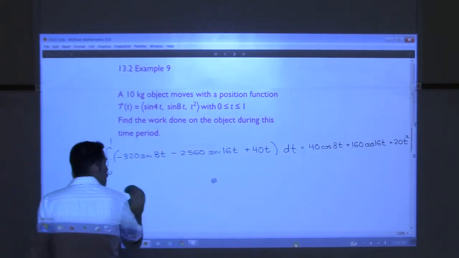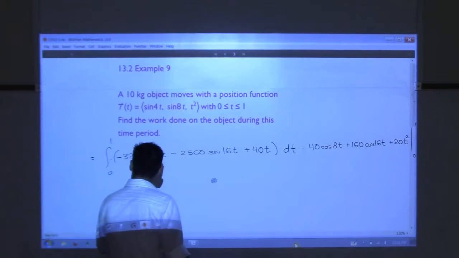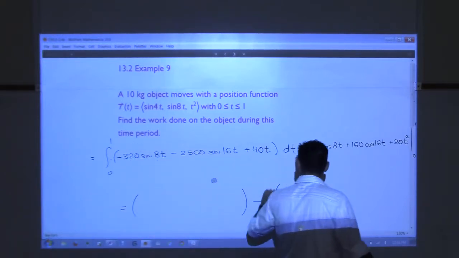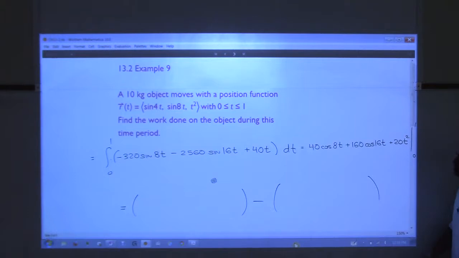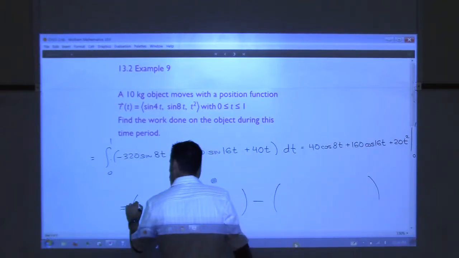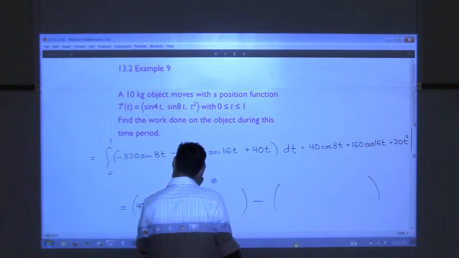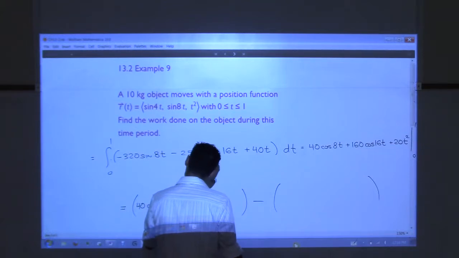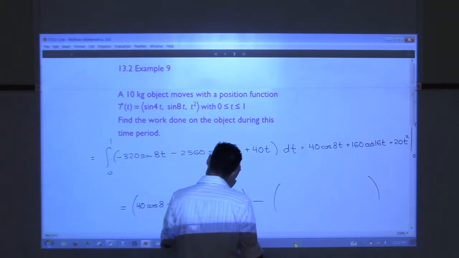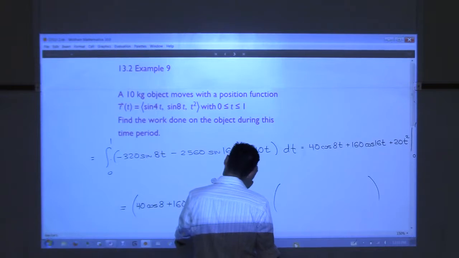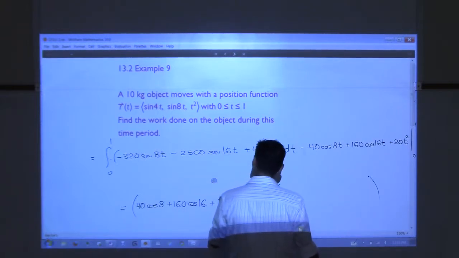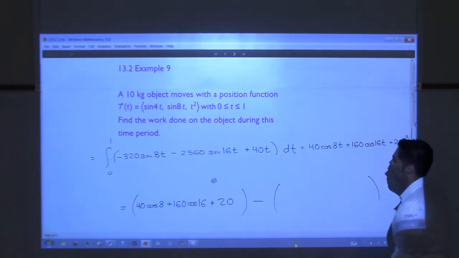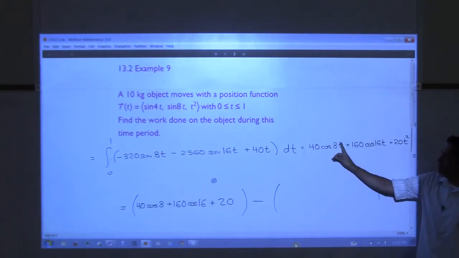Almost done. If we plug in 1, we'll get something. If we plug in 0, we'll get something. So what happens when we plug in 1 for t? 40 cosine of 8, whatever that is, plus 160 cosine of 16 plus 20. Then when we plug in 0, cosine of 0 is 1, so that's 40.